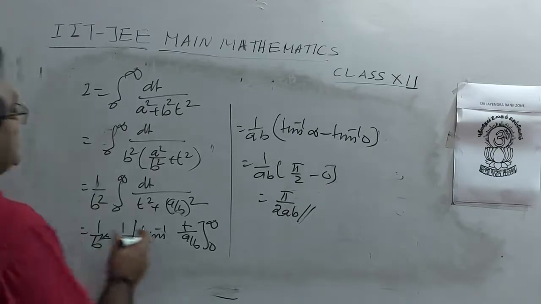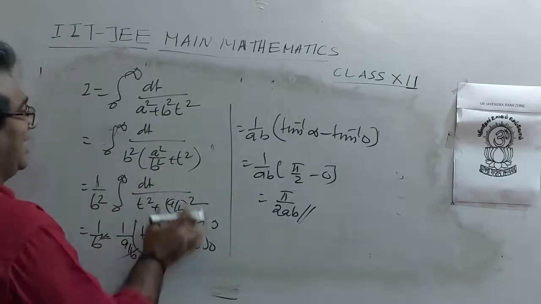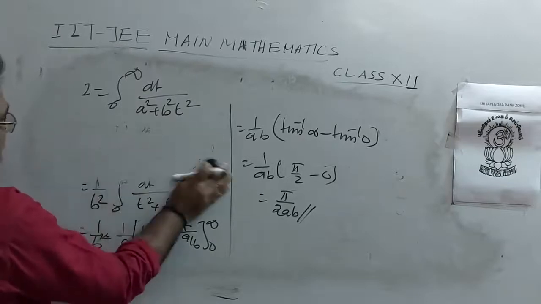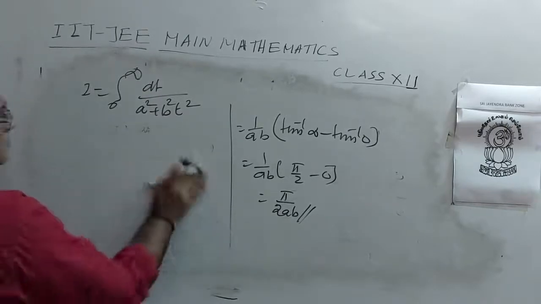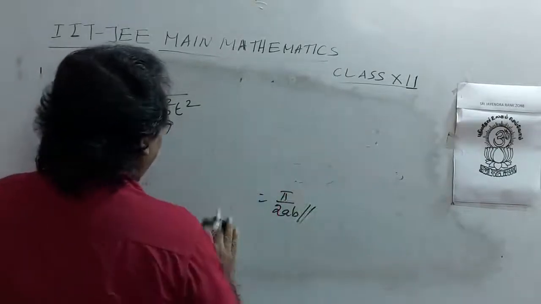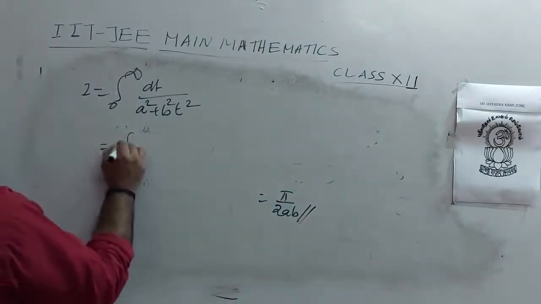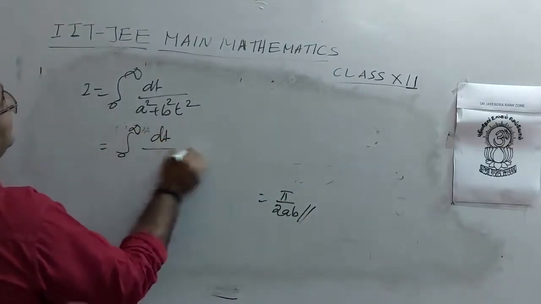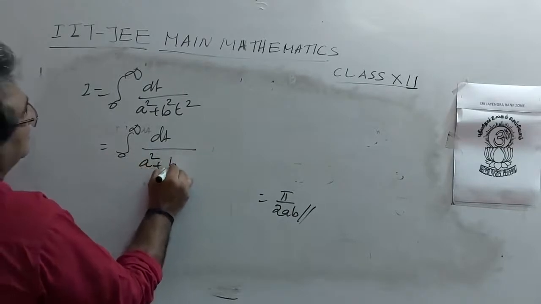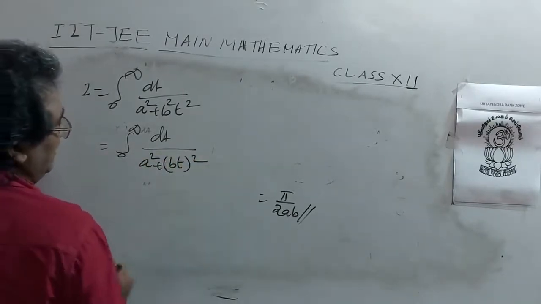So the process can be done in another method. You can write simply integral 0 to infinity dt by a square plus bt whole squared.